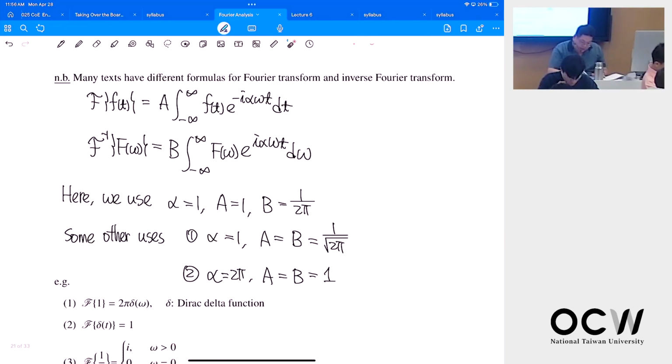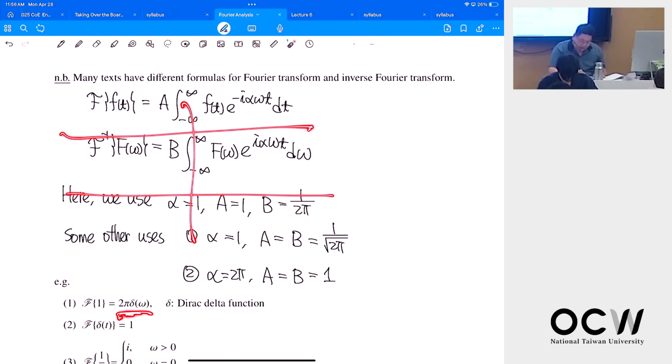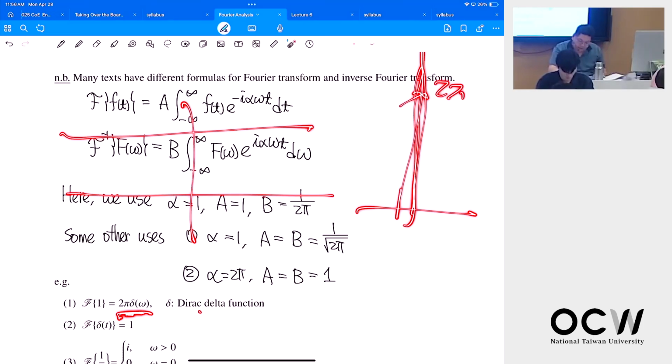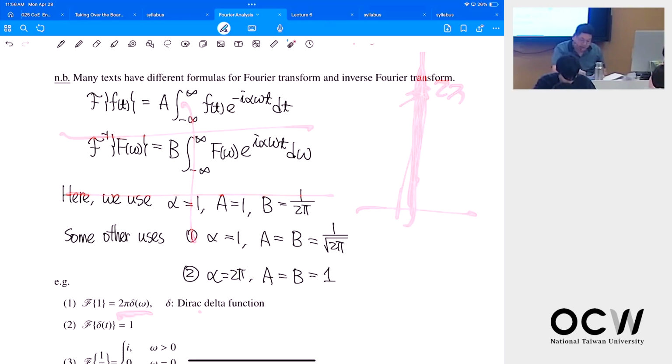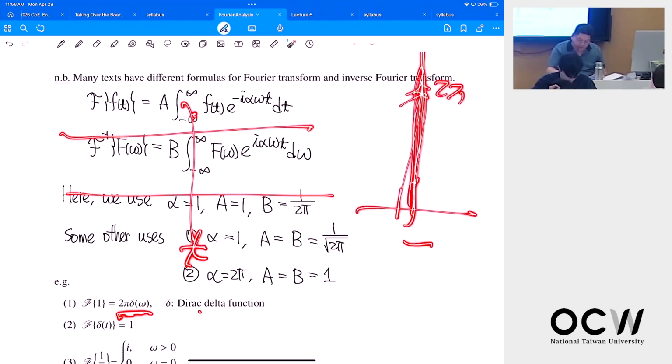Here, if I have a function 1, then my Fourier transform will be 2 pi delta function. Okay, this is 2 pi times spike. This is in time domain, and this is in Fourier domain.